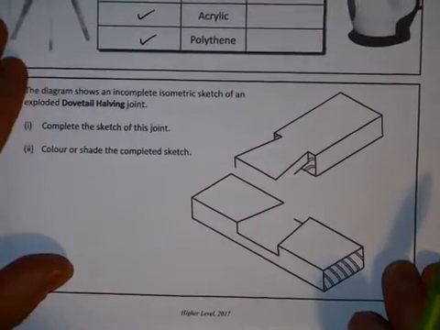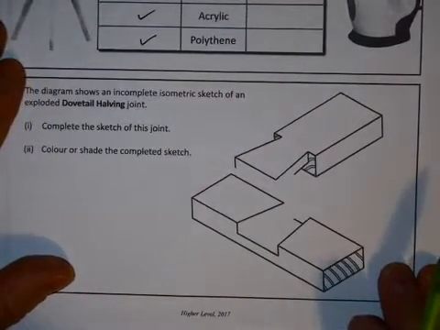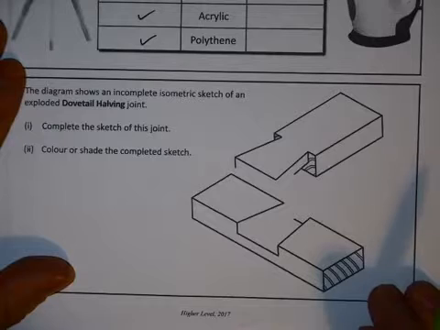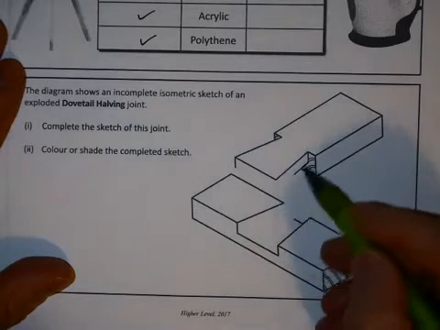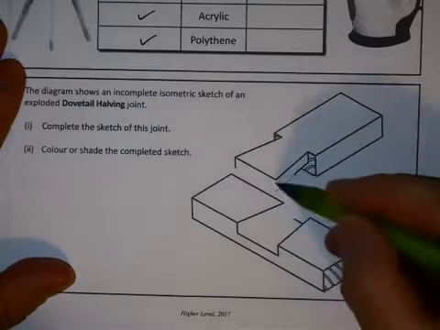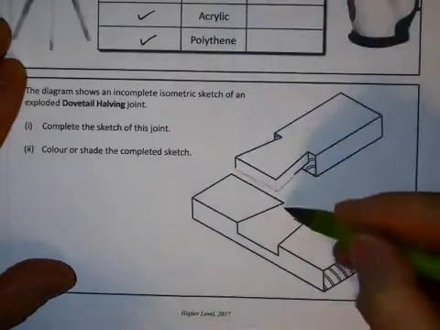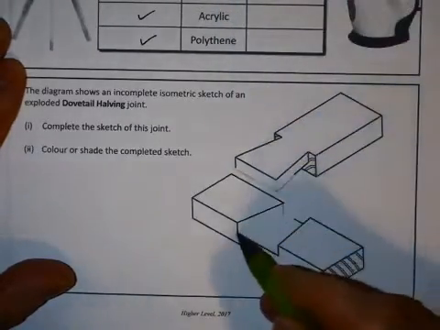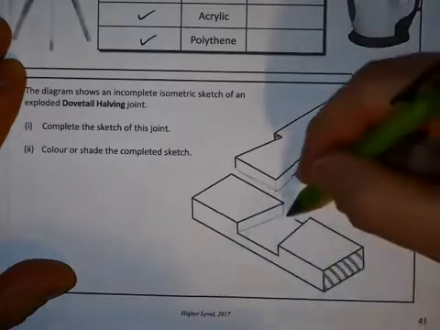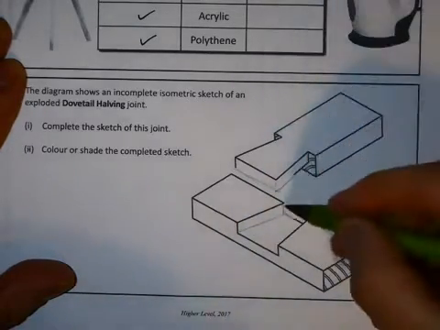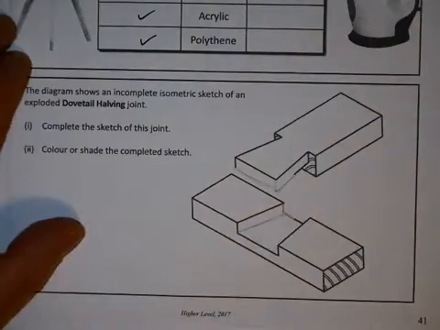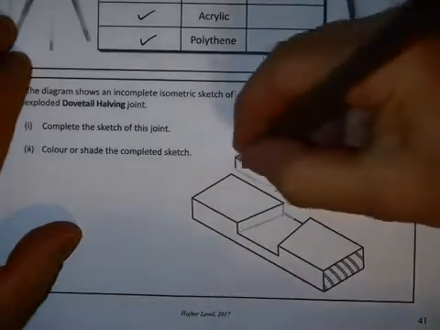Okay, it says complete the sketch and colour or shade the completed sketch. So you can use a set square for this if you're more comfortable using a set square, or you can do it freehand. Get lines parallel if you're doing it freehand, make sure of that. And I'll just go over this here in a pen just to highlight it.